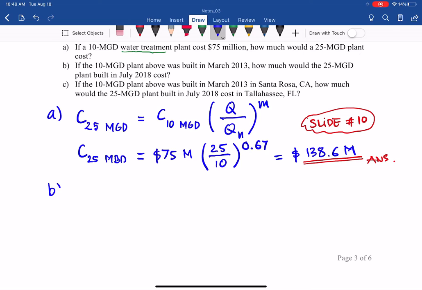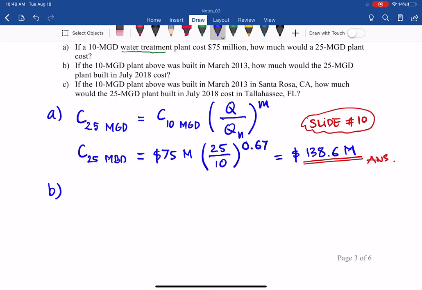Scenario B. If the 10 million gallon per day plant above was built in March 2013, how much would the 25 million gallon per day plant built in July 2018 cost? Remember the index that we use? Yes, we need to adjust for the time difference and consider inflation.